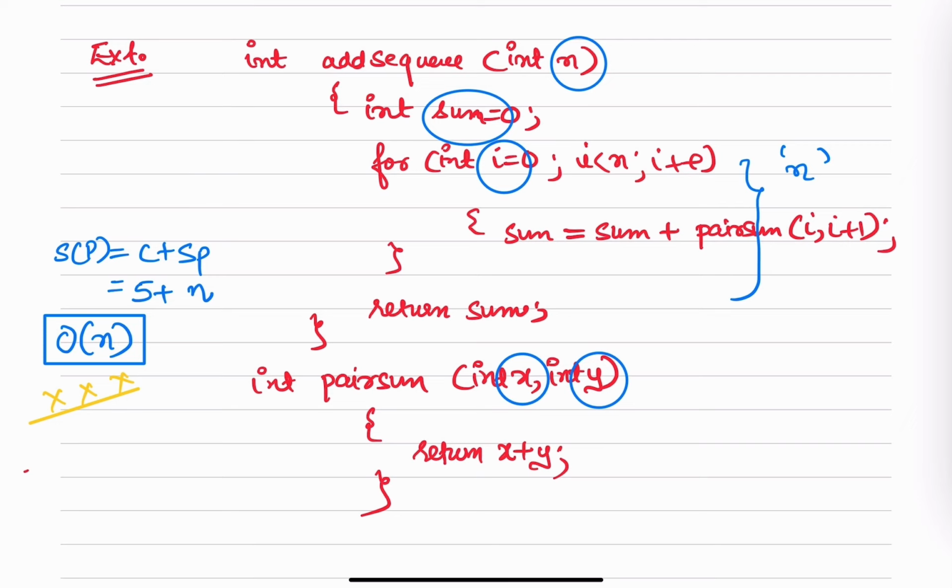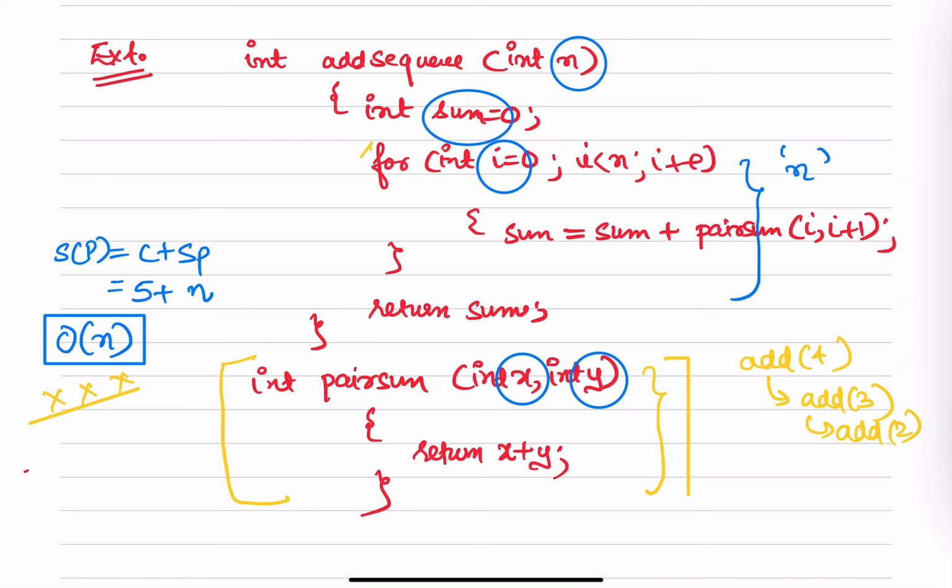Now if you see this, there will be around O of n calls to this pair sum for sure, right? But those calls do not exist simultaneously on the call stack. Are you understanding it? In our previous example where we were just writing add of 4, we needed simultaneously add 3, then add 2, and then add 1. But here, the pair sum calls do not exist simultaneously on the call stack.